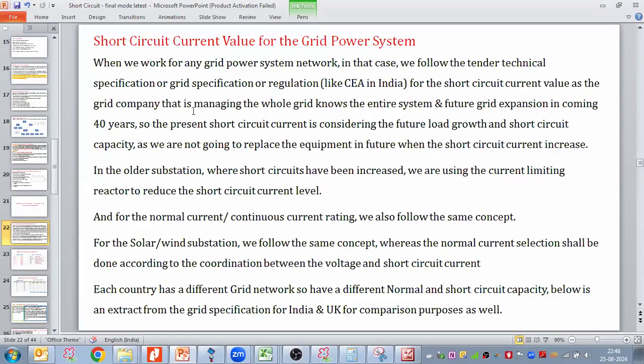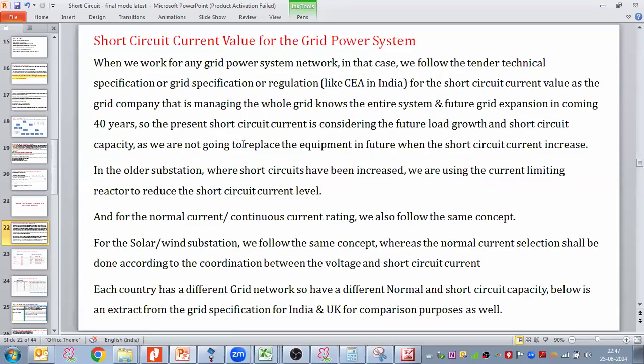The reason is that the grid company managing the whole grid knows the entire system, knows how many thousands of generators there are, and how many kilometers of transmission line circuit. They know the entire system, and they also have future planning. They know the future grid expansion in the coming 35 to 40 years.